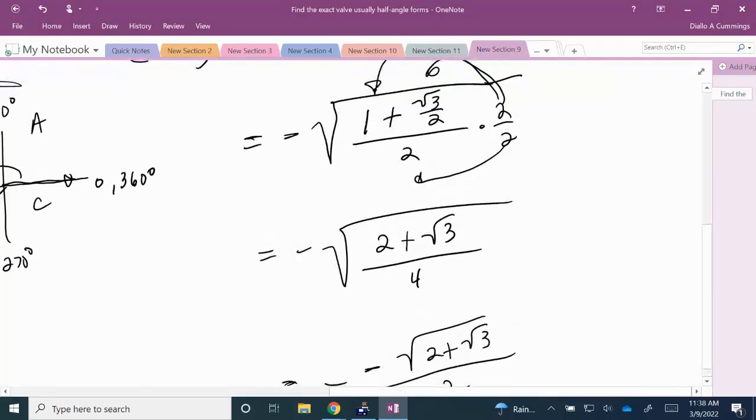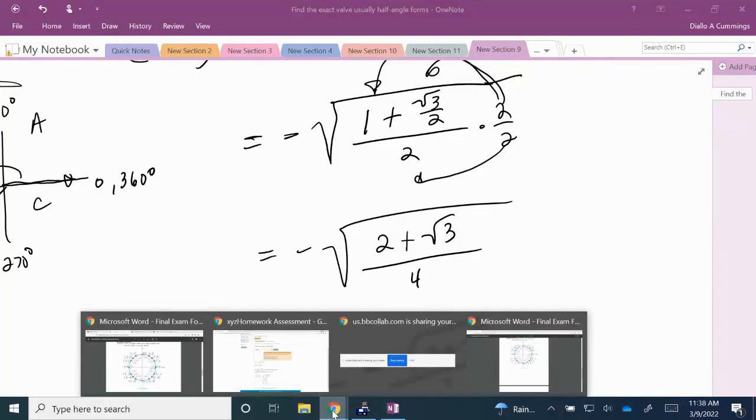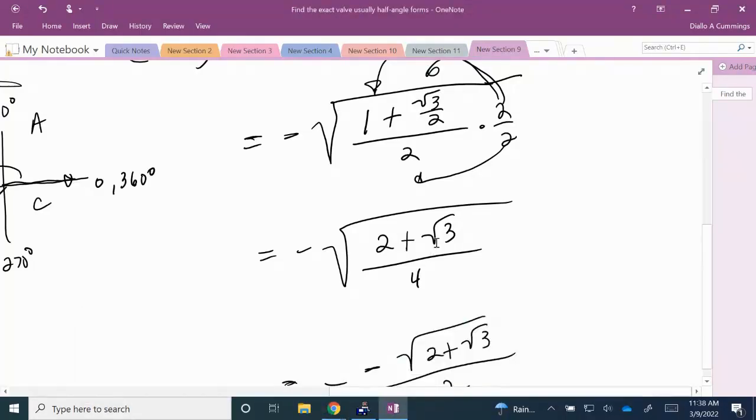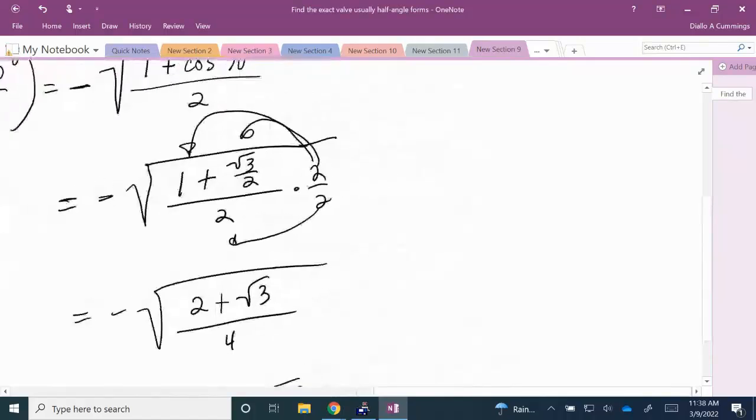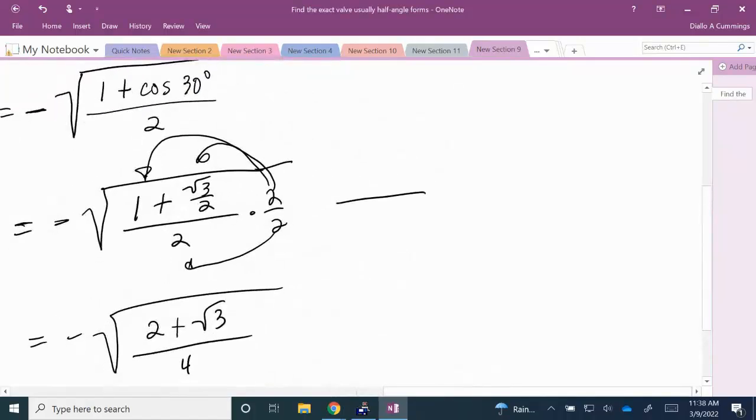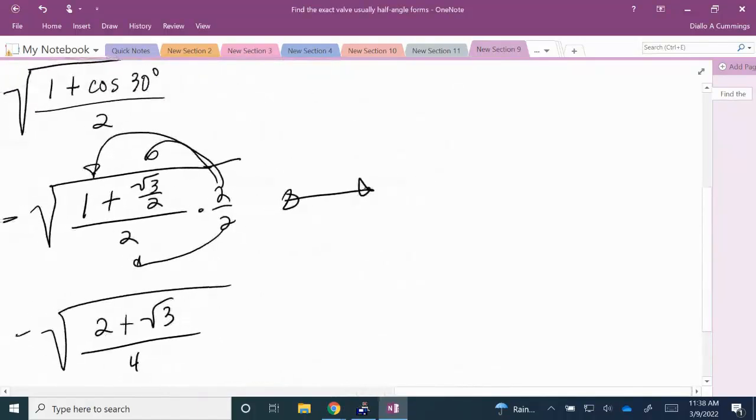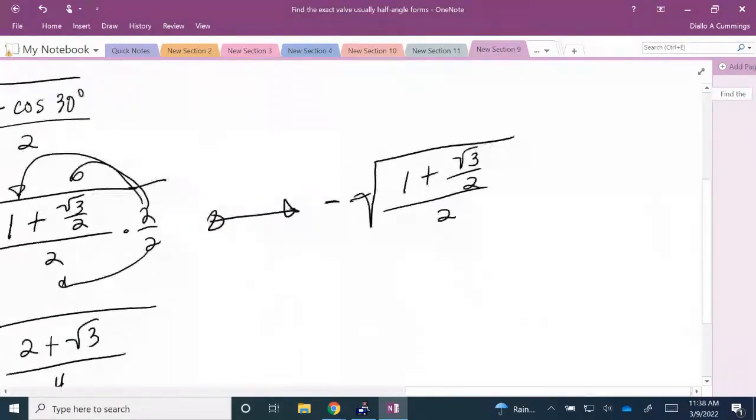Now, looking at the homework problems, they worked it out differently. So I'm going to take it from this step here. This was negative times the square root of 1 plus the square root of 3 over 2 over 2. They left everything in the square root.